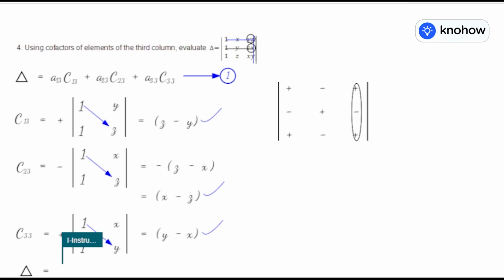Let me write the formula again. A13 C13 plus A23 C23 plus A33 C33. What is the value of A13?